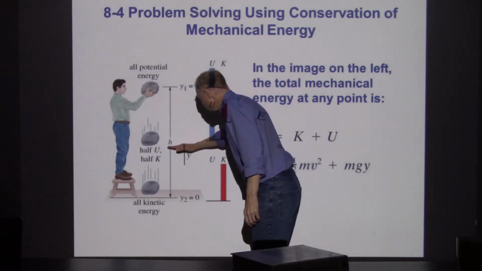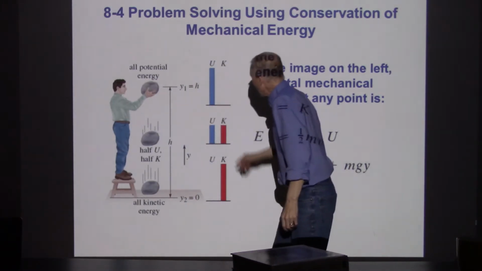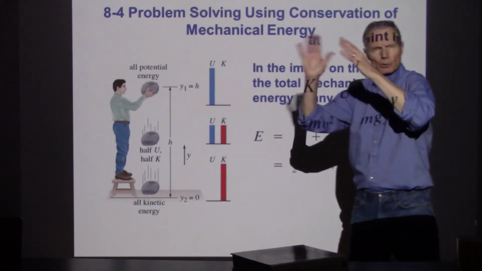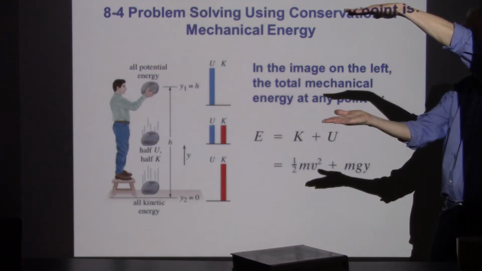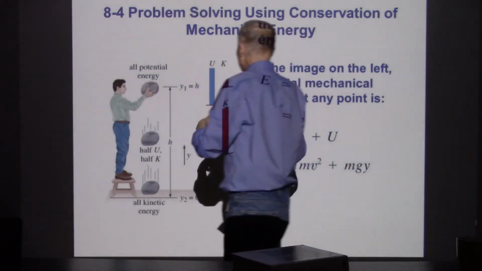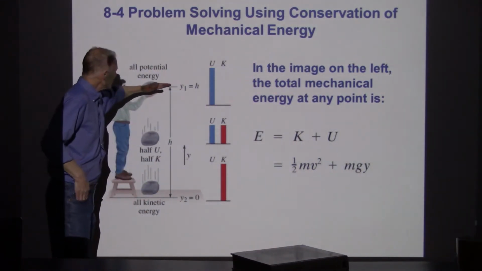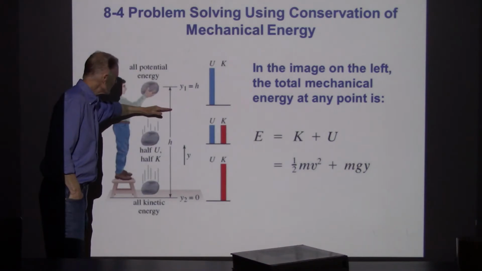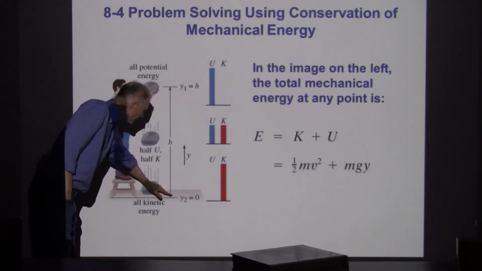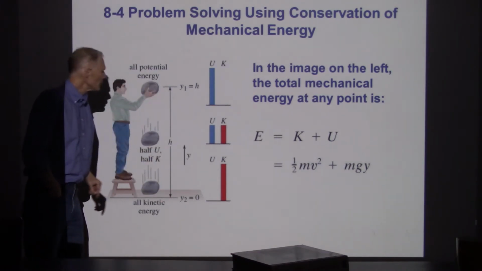And by the time I've dropped all the way to the floor, I've used up all of the potential energy. So I'm going from starting total potential energy, half of it's gone, all of it's gone. The potential energy just drops gradually as you move along the y-axis. It's just going to steadily drop off until you hit that 0 point.